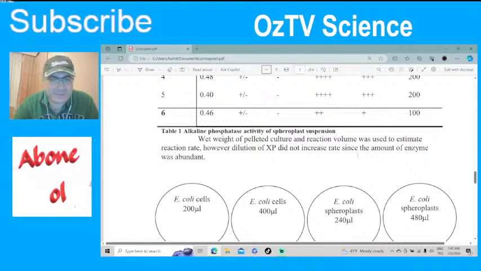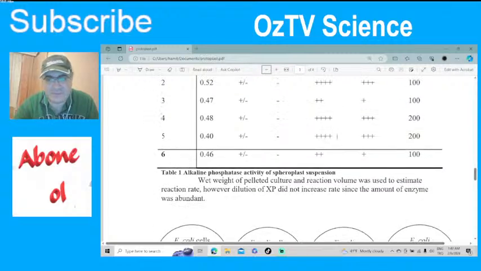The amount of enzyme was abundant, so I guess that was as dark as it gets.